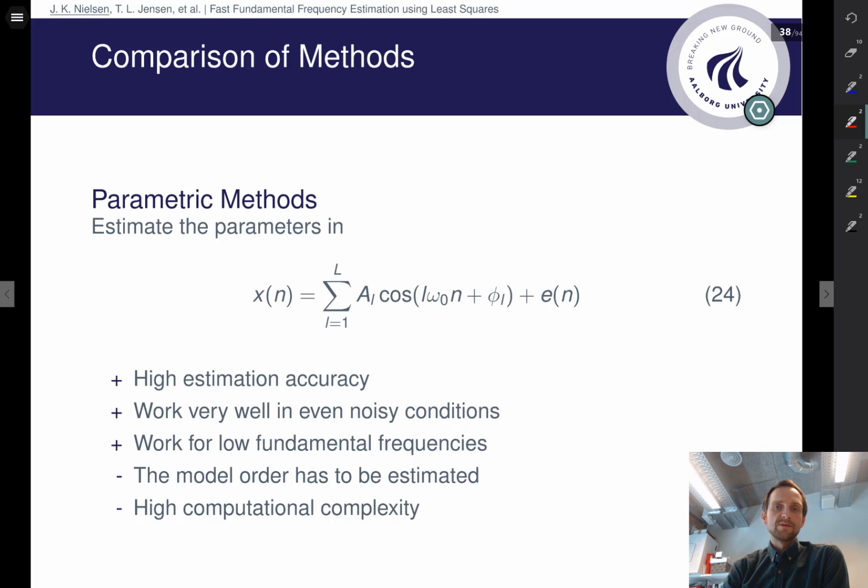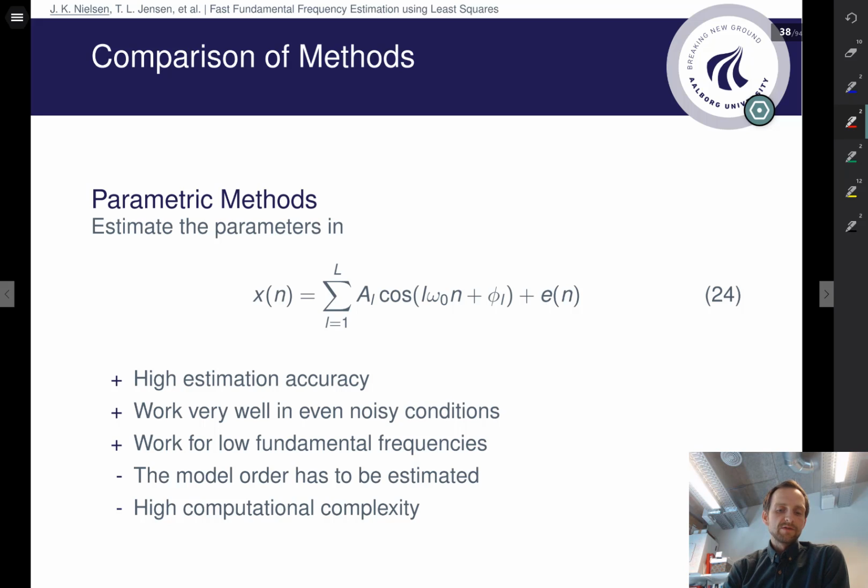If the data is not periodic, then the model is not very accurate and you might get over-optimistic results. But if the data is periodic, you can get very accurate estimates. They work well even in noisy conditions, and I will show that later. They can work for low fundamental frequencies, so NLS is a prime example of that.